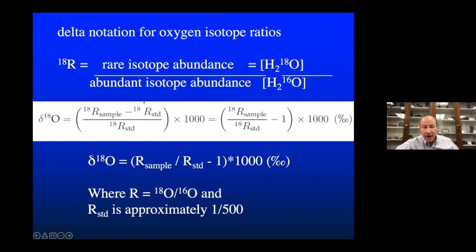And if they are exactly the same, this term becomes 0. And then we multiply that by 1,000 just because there are relatively small differences, and we can report them in the so-called per mil format, which is equivalent to percent, except it's parts per 1,000.